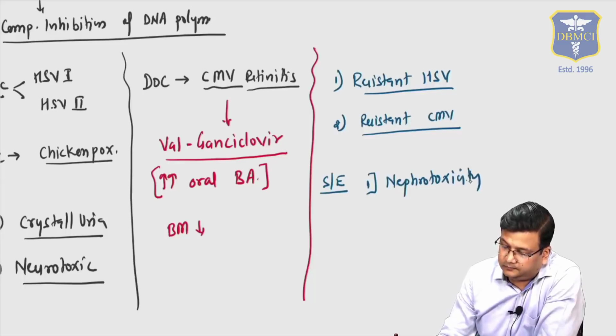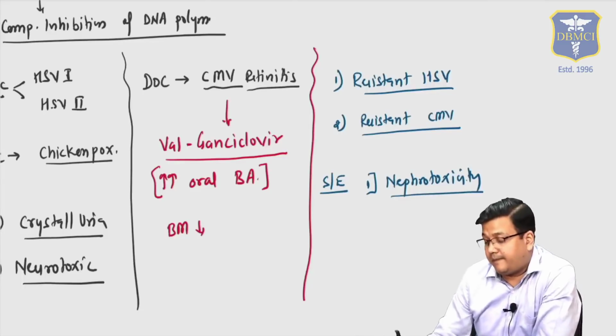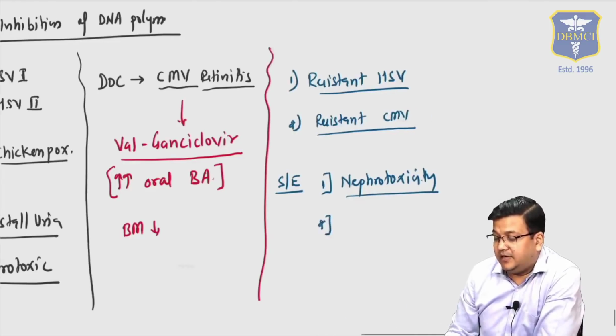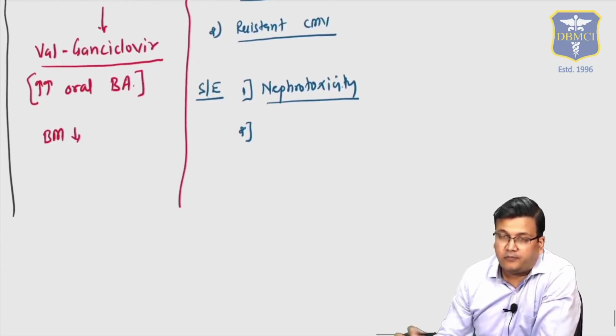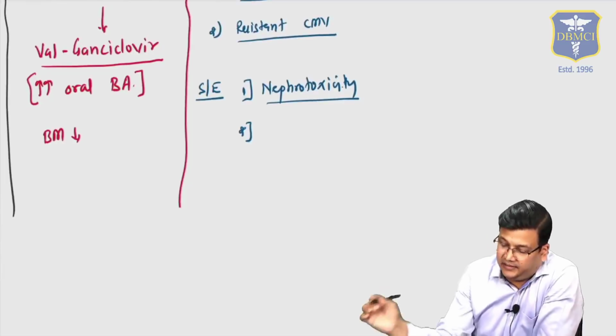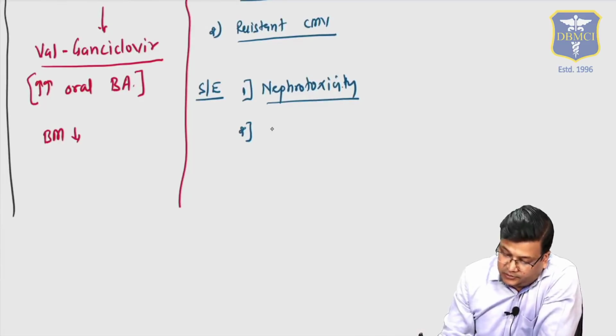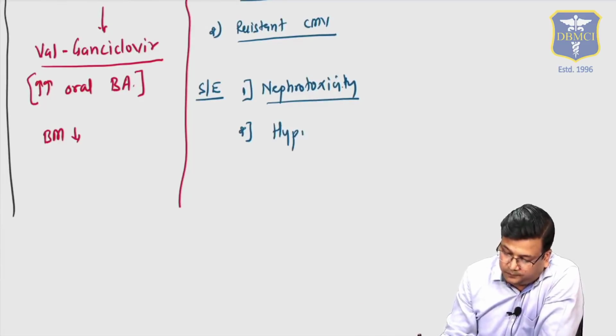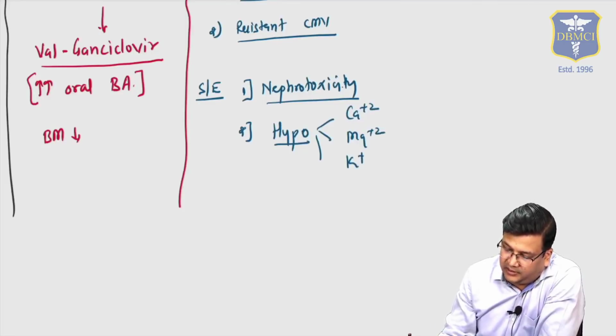Second, it's very important and interesting. It can bind cations. It chelates cations, which leads to cation deficiency. So various kinds of hypo can appear. Hypocalcemia can occur, hypomagnesemia can occur, hypokalemia can occur.